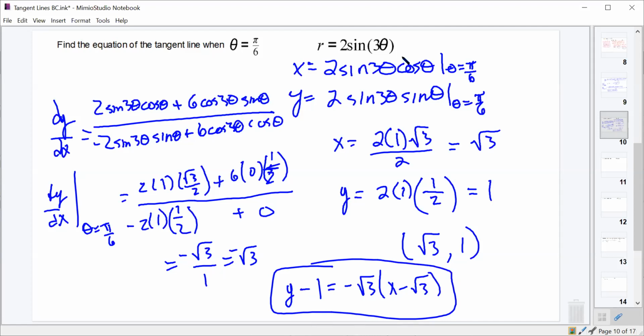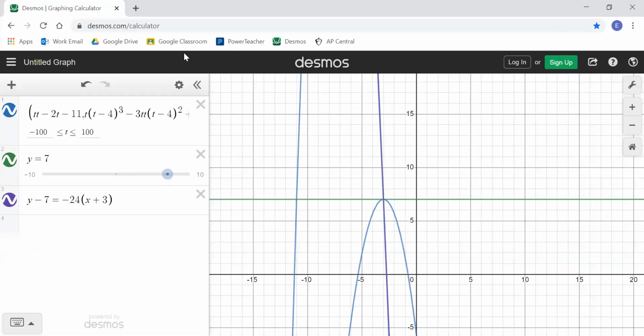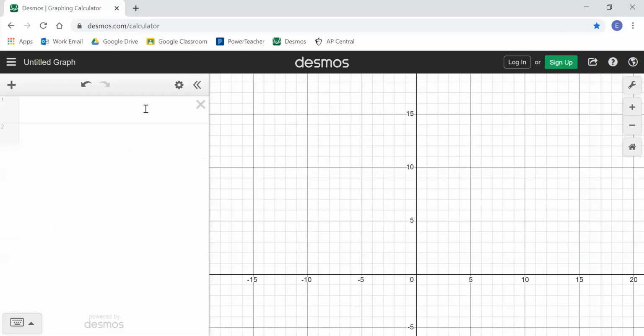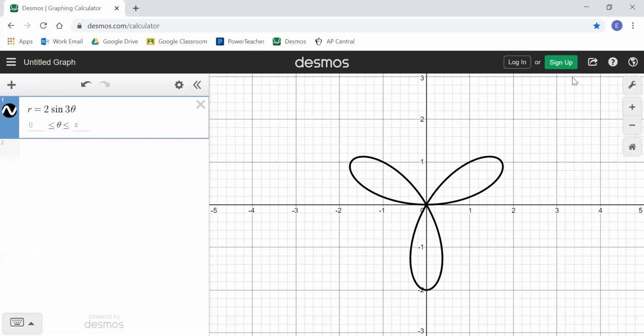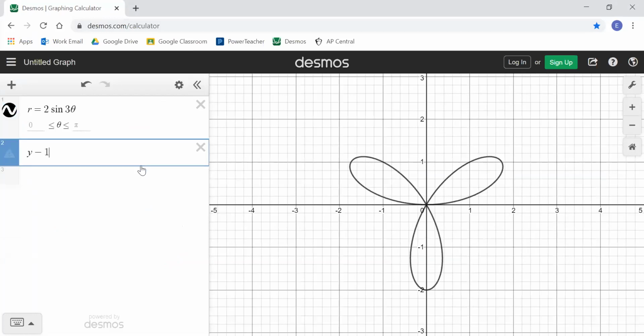And if we go in and take a look at our graph, what do we have? 2 sine 3 theta, is that right? Y minus 1, is that right? Equals negative square root 3 times x minus square root 3.